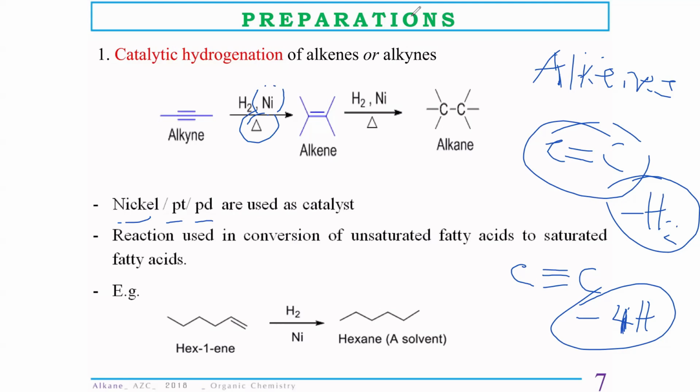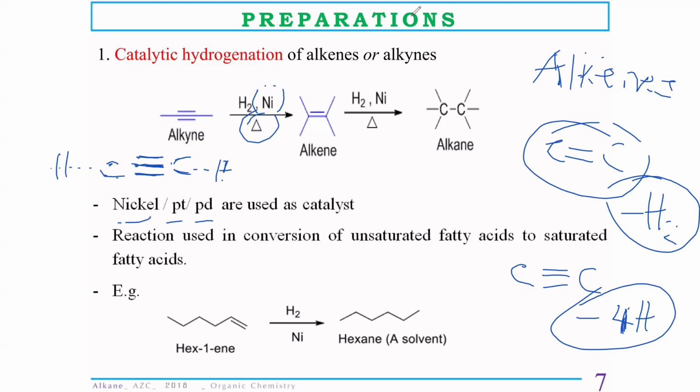In the first reaction, from alkyne to alkene, you are following a degree of saturation. If you add two hydrogen atoms to an alkyne, you get an alkene by breaking one of the pi bonds. Remember, whenever you have a triple bond, you have a pi bond and also a sigma bond.